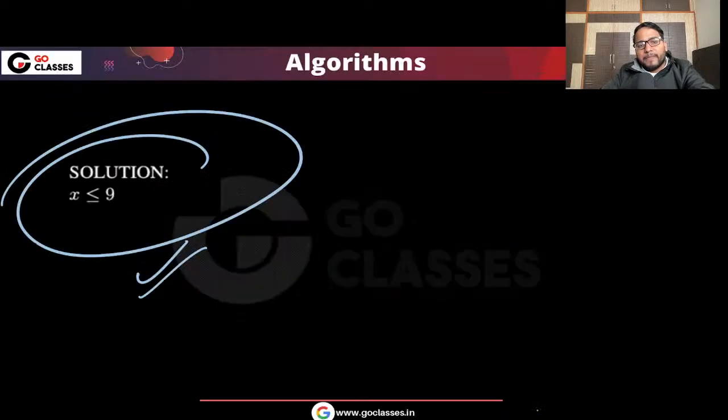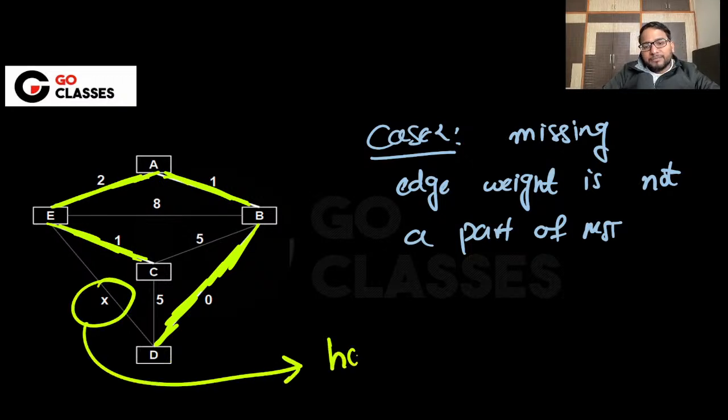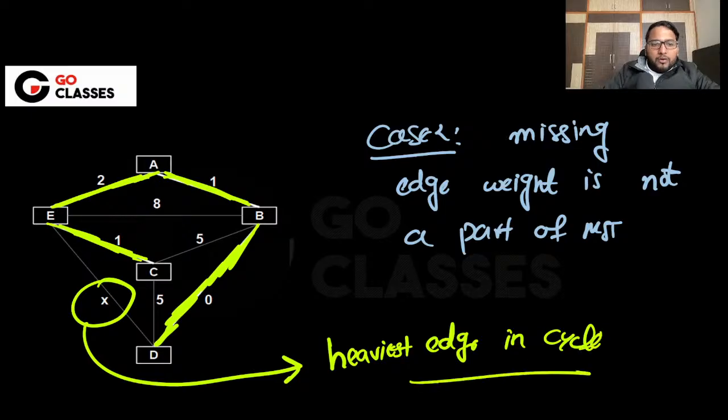Basically, we want to find out this X, right? Now, this is not an MST if and only if this is the heaviest edge in some cycle, isn't it? Now just tell me which cycle it is forming. It is forming this cycle.